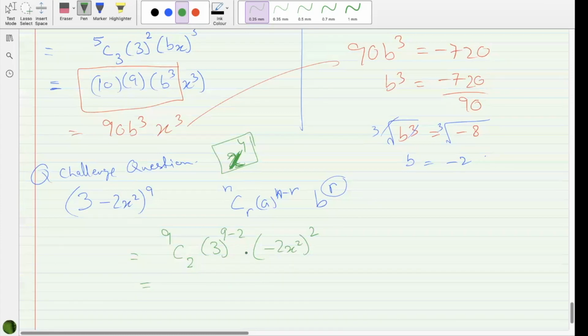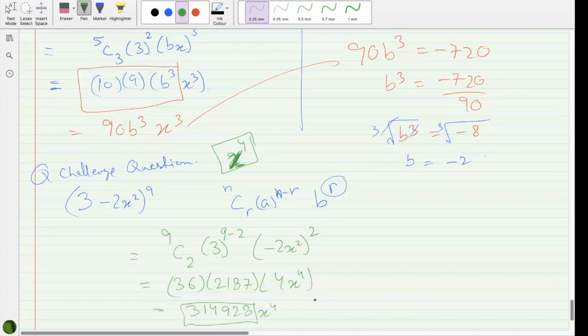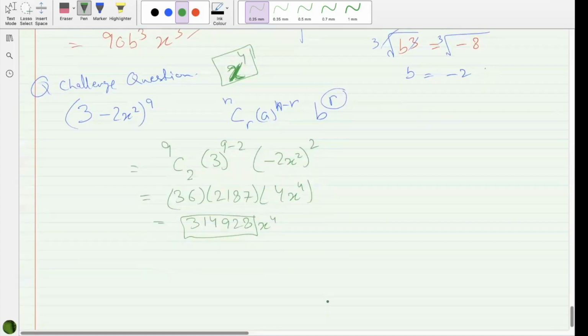You getting it? 9C2 is 36 and 3 raised to the power 7 is 2187. And this is 4x4. So 36 times 2187 times 4 is 314,928 x4. So the coefficient of x power 4 is 314,928.